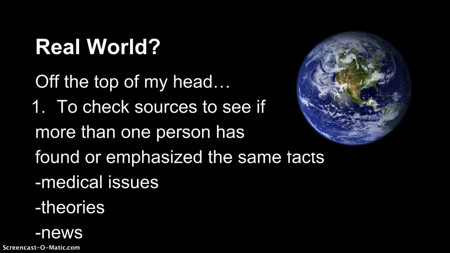I want to see what the worst thing could happen, and then I want to see if other people repeat that terrible news. So it's a way for me to pick out what's believable and what's not, and what's likely to happen and what's not. Also, theories about things or news, like you hear about a news story and you want to check to see if other people have been reporting the same thing.